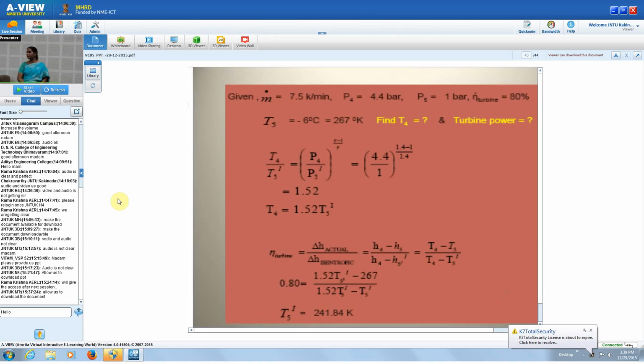So this is the problem on the simple cooling system. Then there is the simple evaporator system, and with all this the number of steps will increase. So the first thing is you have to find all the temperatures, then whatever is required you can find.